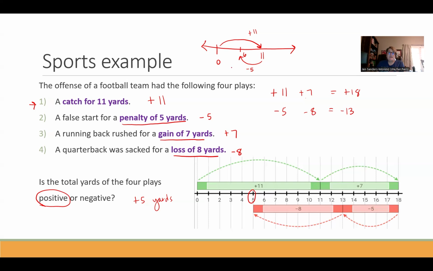Okay. Then we could do the next set starting at the number 6. So if I start now where I ended up before, which was a positive 6, then I'm going to go forward 7 and then back 8. So I just wanted to give you some options.